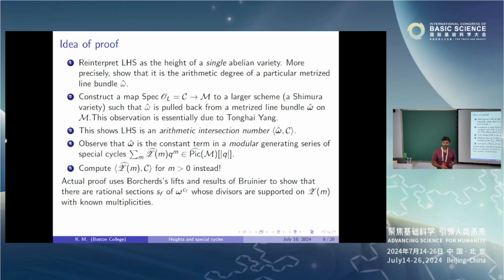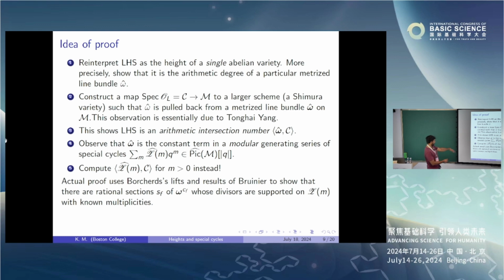Instead of computing the constant term, which would essentially be proving the result, you compute all the other contributions. The reason this is doable is because these guys are given essentially by a moduli problem, and so you can use that moduli problem to study what's happening.